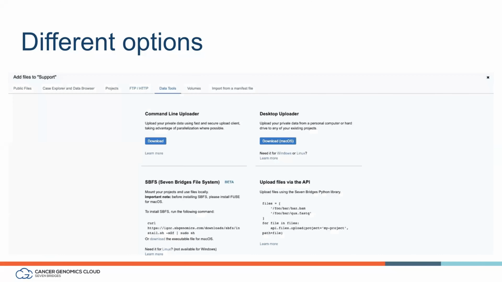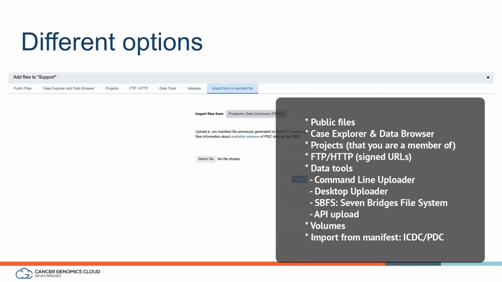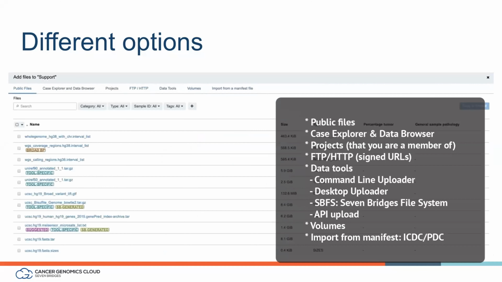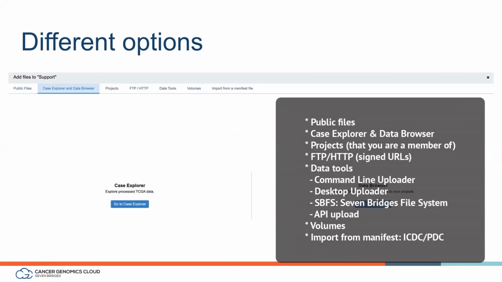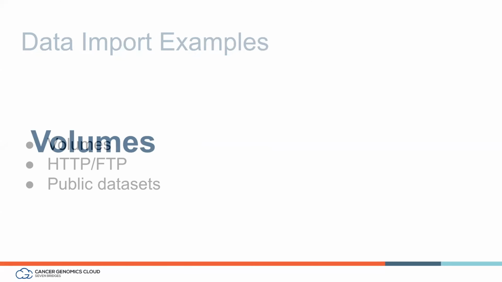And today we're going to focus on 2 or 3 of the many ways we have to bring in data to the platform that are specific to 7 Bridges and offer a specific set of advantages to users. So the examples we're going to go through today are volumes, HTTP, FTP, and public data sets. And in each example, we'll also highlight a piece of the backend that's important to making that process work.